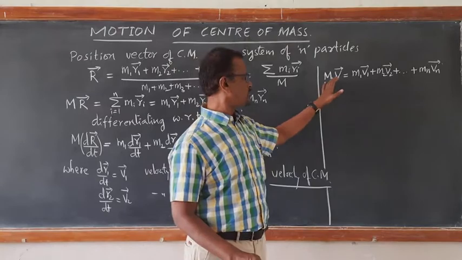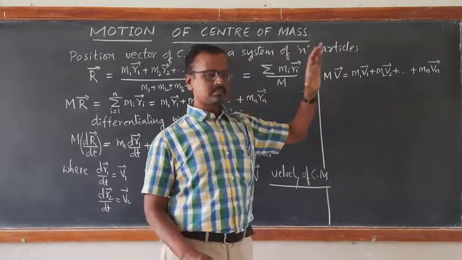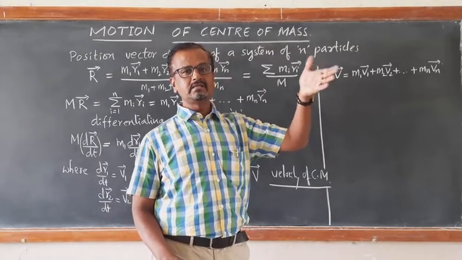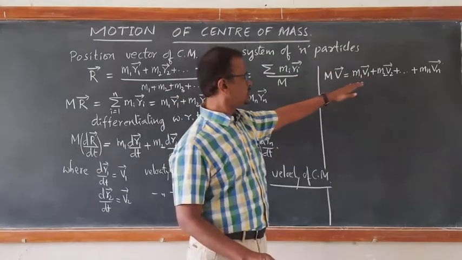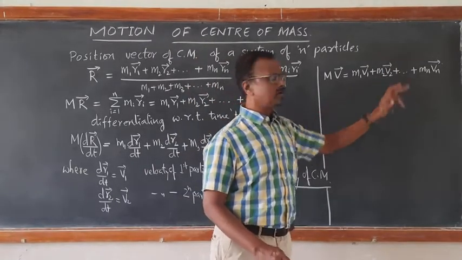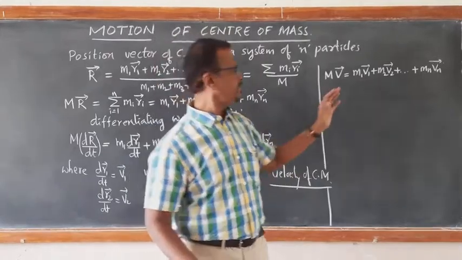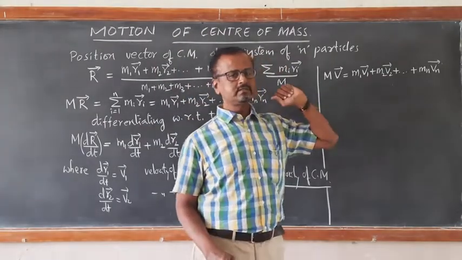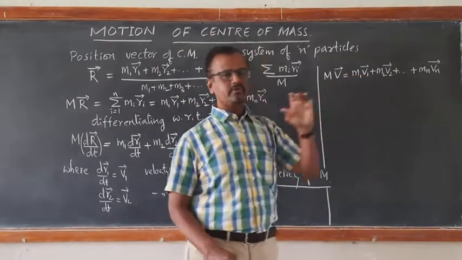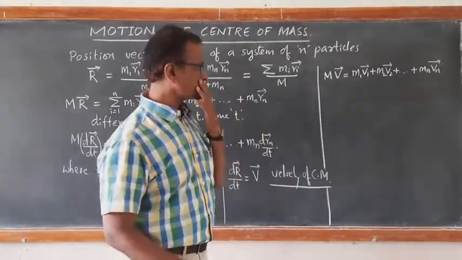The product of mass and velocity of center of mass is equal to sum of the momenta of the individual particles. And you see these momenta are vector quantities, vector sum of all the momenta. This is the equation for momentum of the system of n particles.